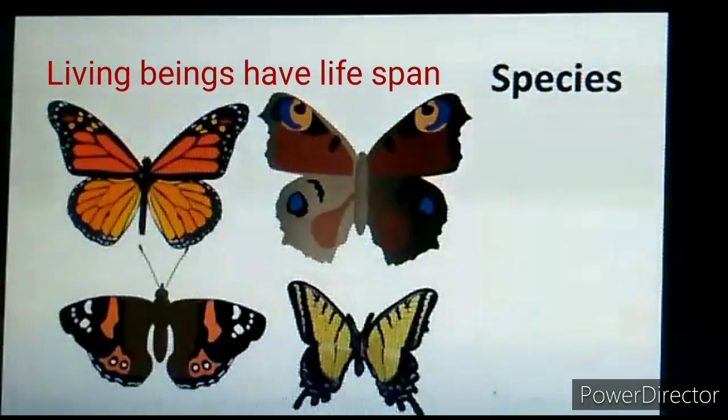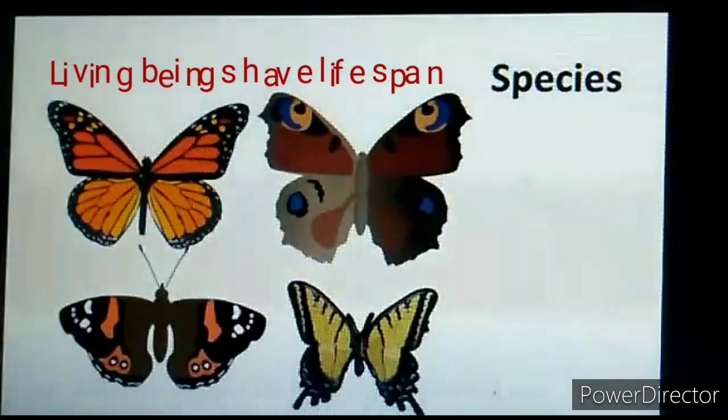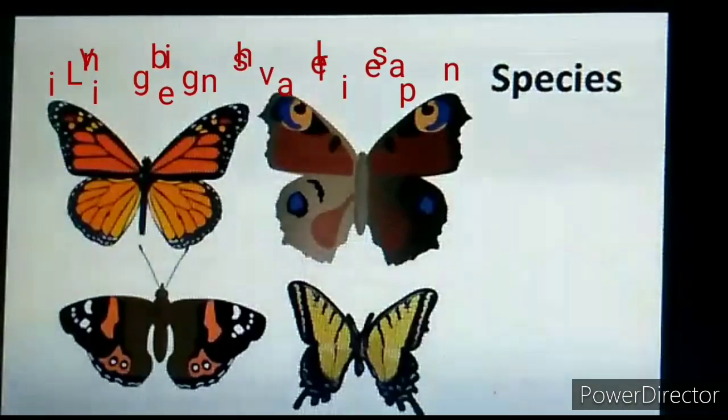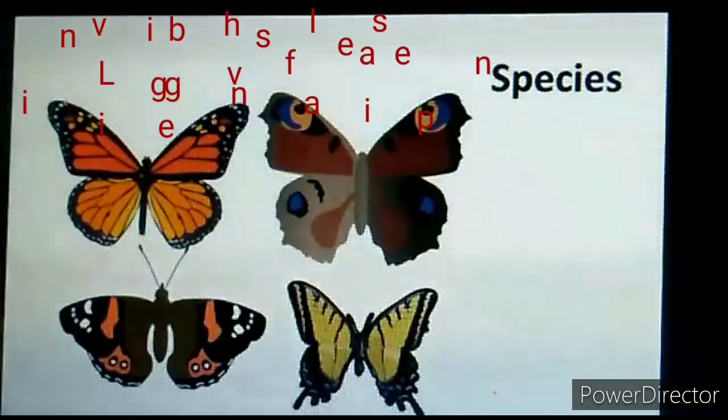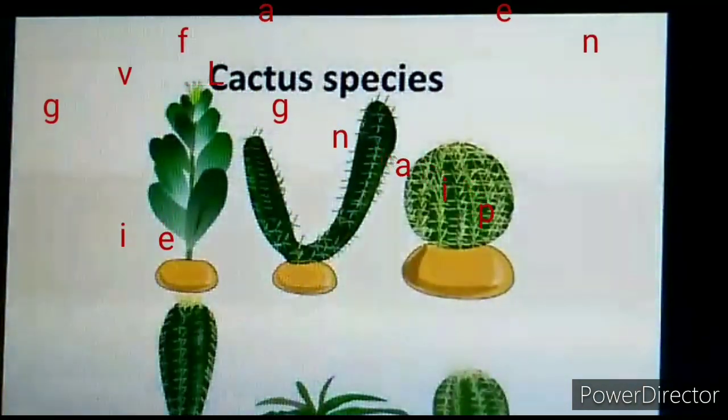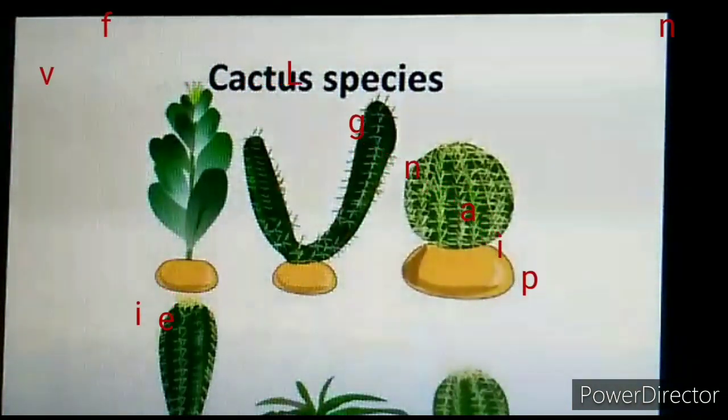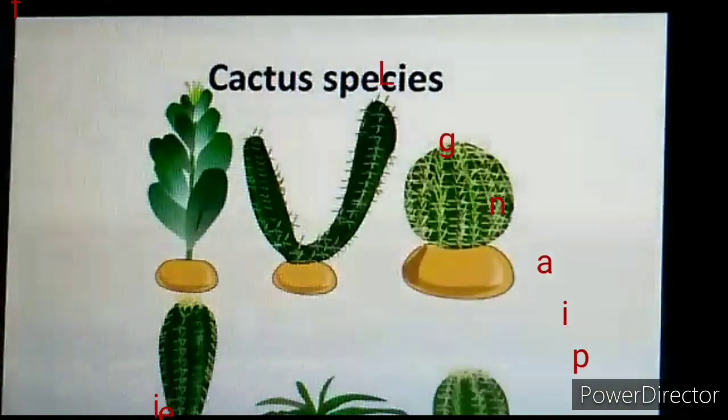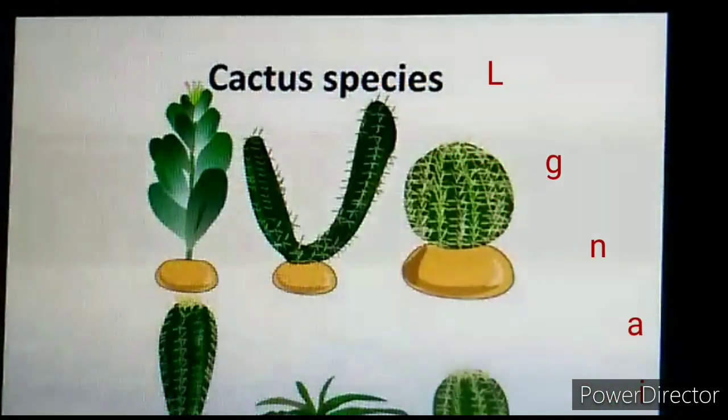There are about 16 lakh species of animals and 4 lakh species of plants. Remember that in a species they have the same body parts, same food habit, etc. Last but not least, an organism gives birth to the same species, not a different type.